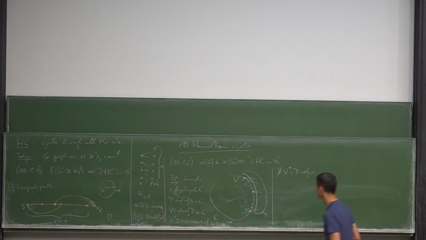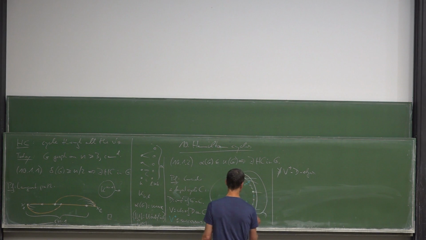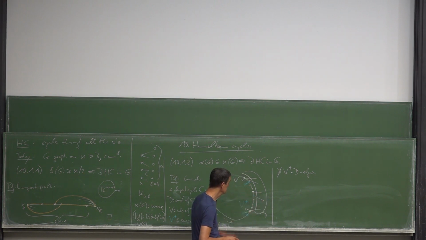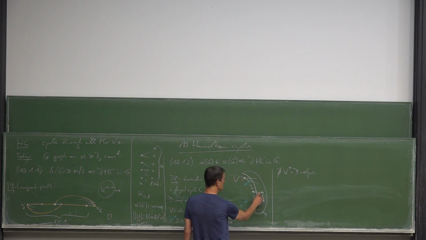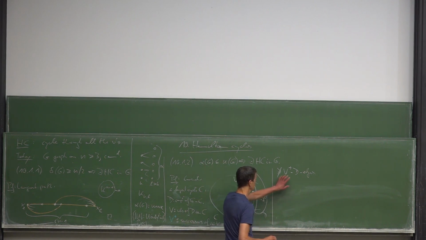Well, if there was such an edge from a little v plus to D, then we could find in D a path, because D is a component, from that neighbor to whatever sits at the end of the edge of the little v that belongs to this v plus. And then we could extend our cycle. We would find a longer cycle through here. So that would be a contradiction, which proves this.